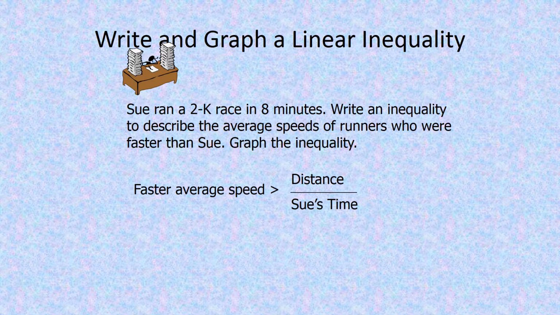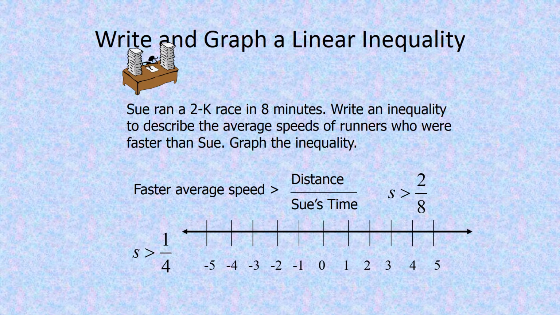And we're going to compare it to the distance to Sue's time. So Sue's time is greater than 2K in 8 minutes. And how would we graph that? Well, we can simplify it to 1/4. And how do we graph that?